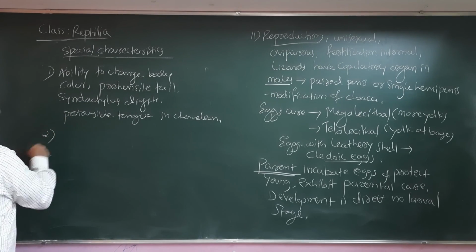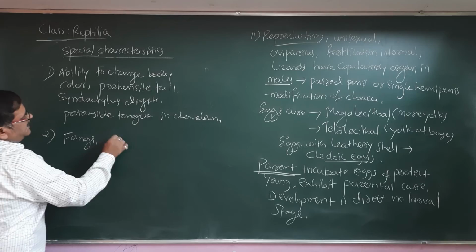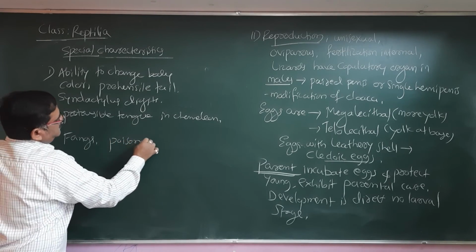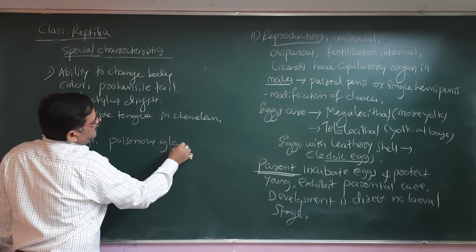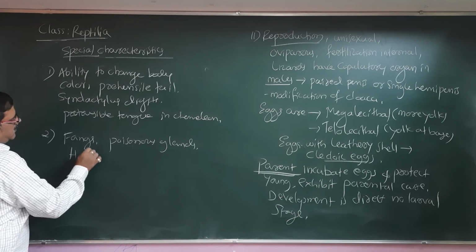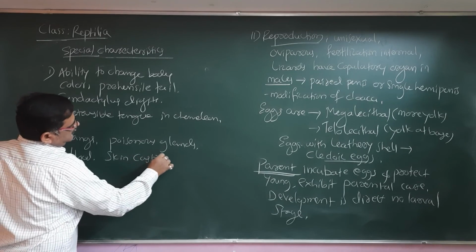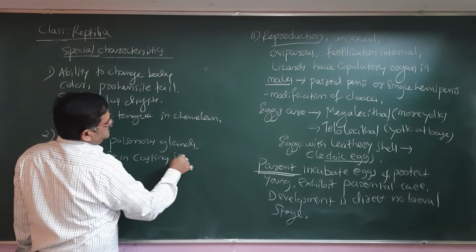Then number two, fangs, poisonous glands, hood, and skin casting in snakes.